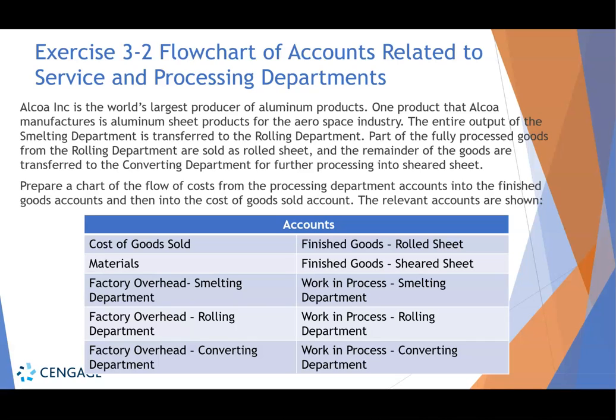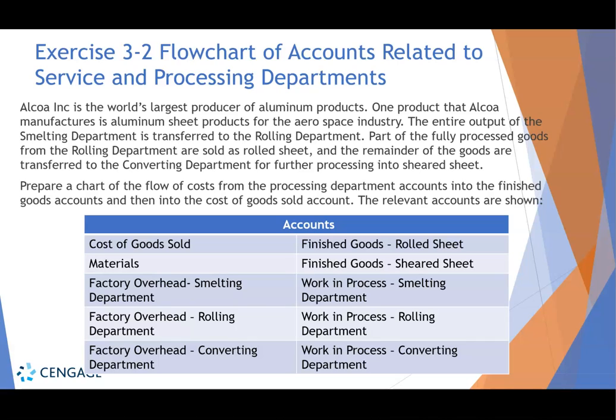The entire output of the smelting department gets transferred to the rolling department. Part of the fully processed goods from the rolling department are sold as rolled sheets, and the remainder of the goods are transferred to the converting department for further processing into sheared sheets.